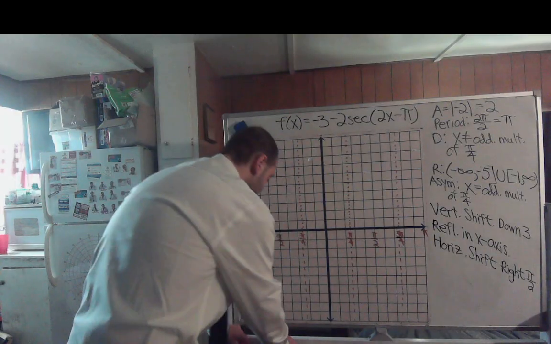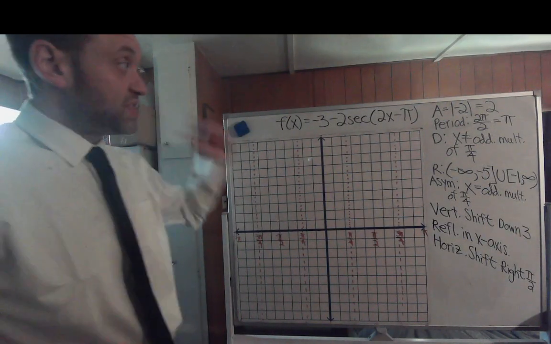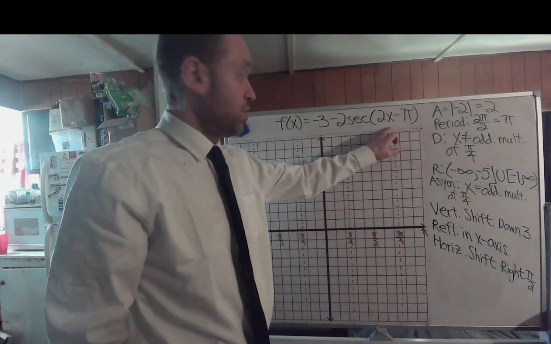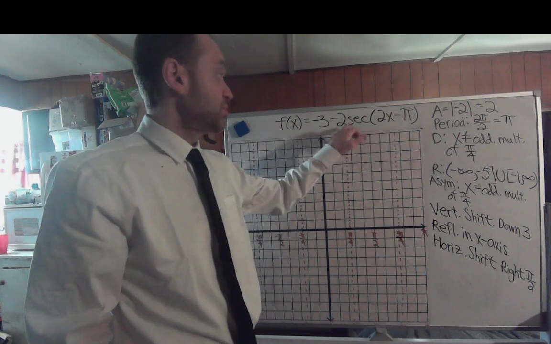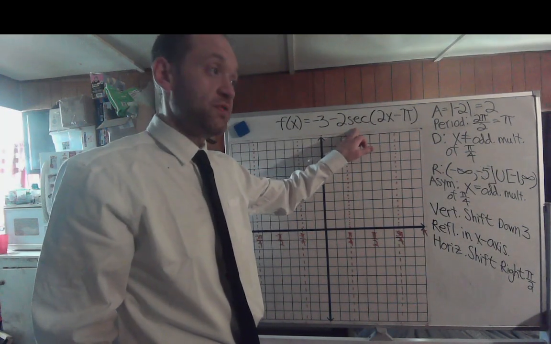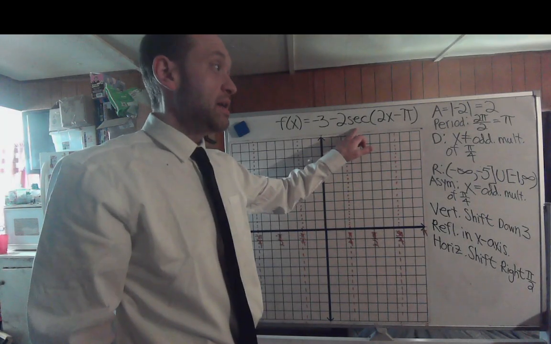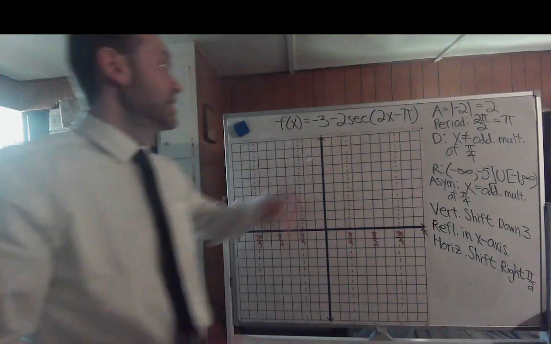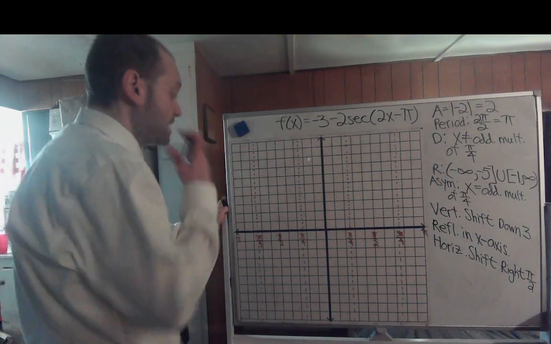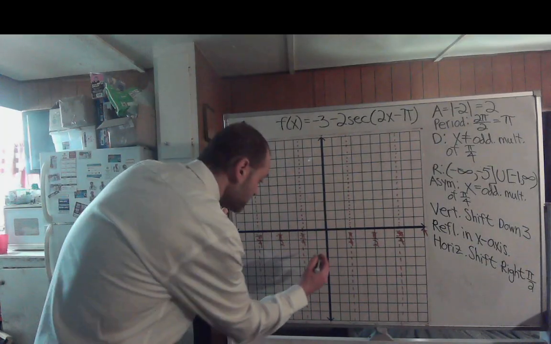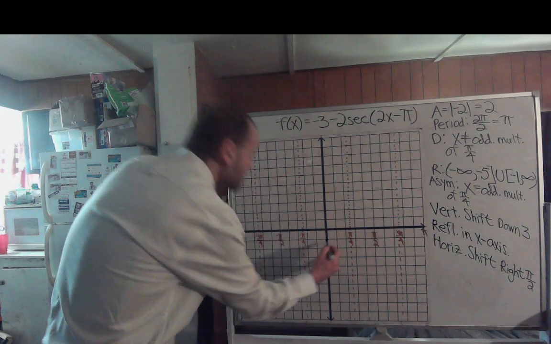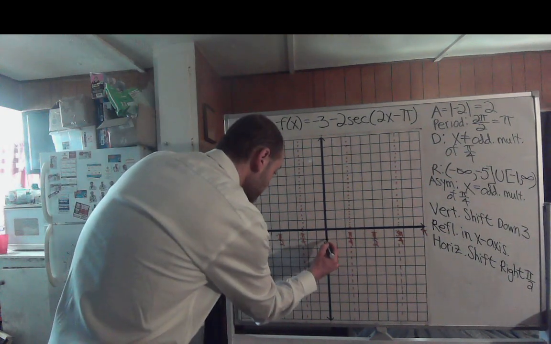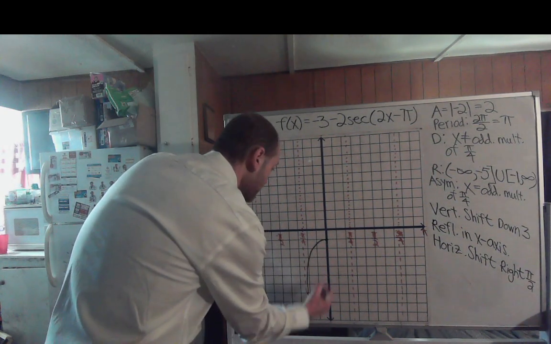Okay. So the secant, if we start at 0, that would give us a secant of negative pi, which is normally negative 1. If you multiply that by negative 2, you get positive 2. Now subtract 3 from that, you'll get negative 1. And it's actually going to go down like this because it's reflected. You have a reflection in the x-axis.